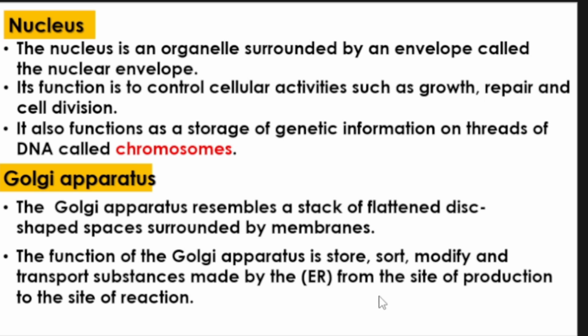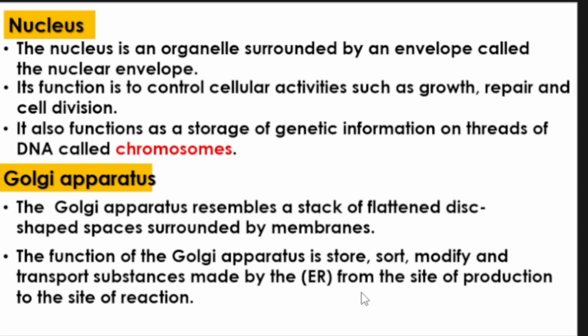So when it sorts, stores, and modifies the substances that have been made, it then carries out another function of transporting them to the site of reactions. Like we said, in the cytoplasm there are sites of reaction.